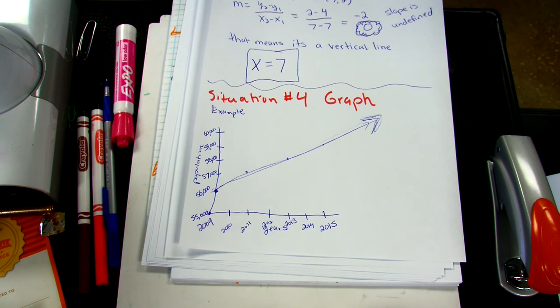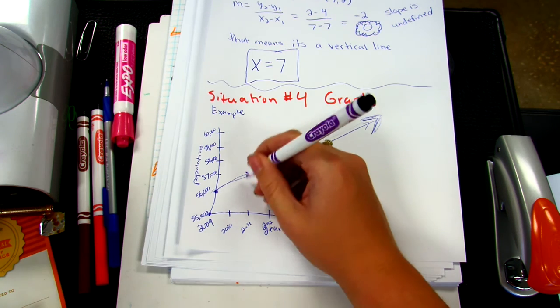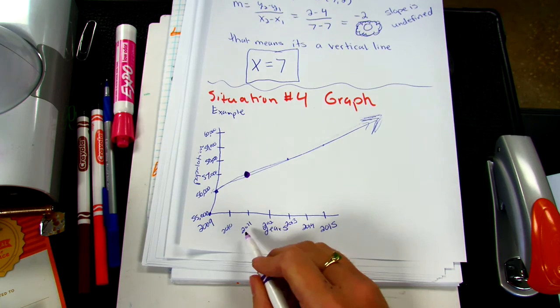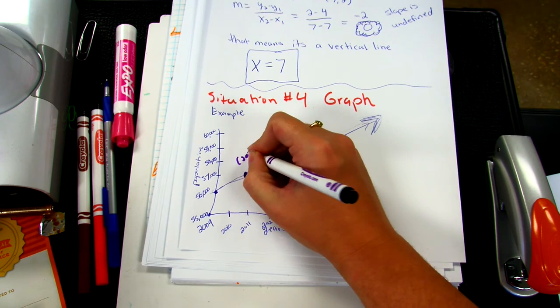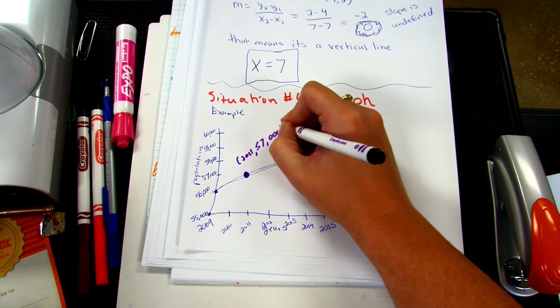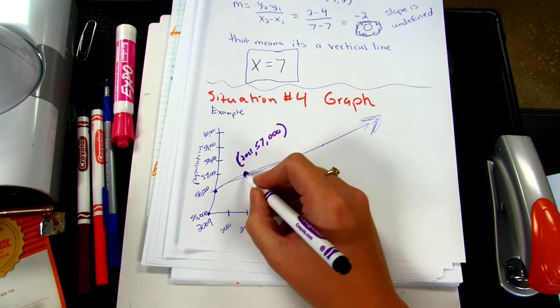So I'm going to pick 2011 because that's 57,000, right? So again, this was 2011, which was 57,000. I'm going to pick that point because I know that that was right on.